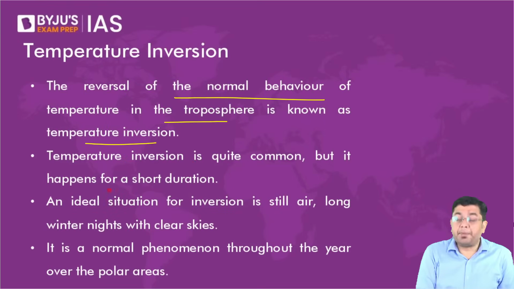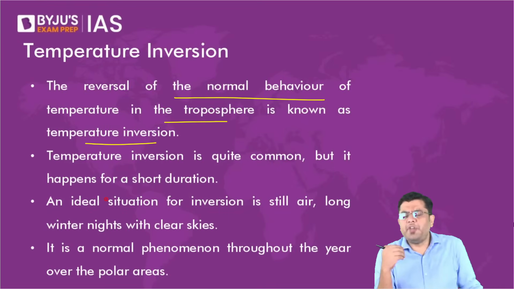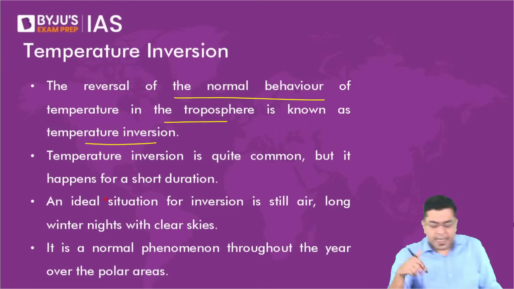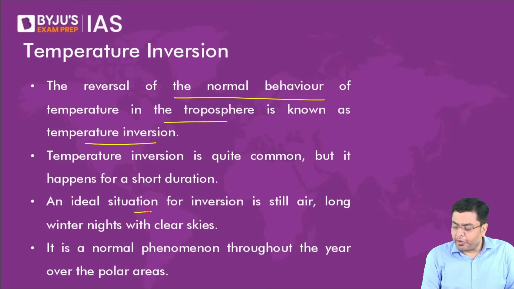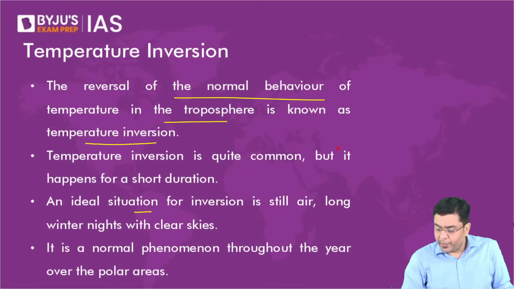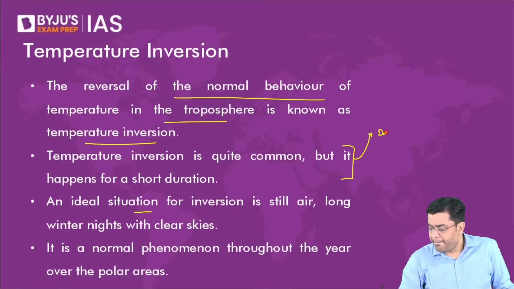It is quite common but happens for a short duration because of various climatic factors and certain conditions that we will take a look at. An ideal situation for inversion is still air, long winter nights, etc. We'll take a look into it. Okay? So it depends on variations in climatic conditions.